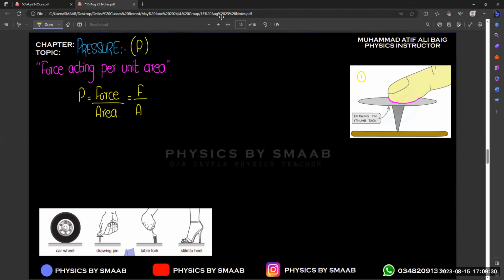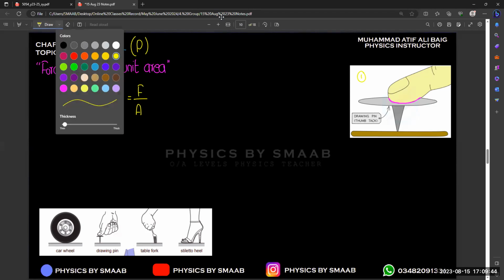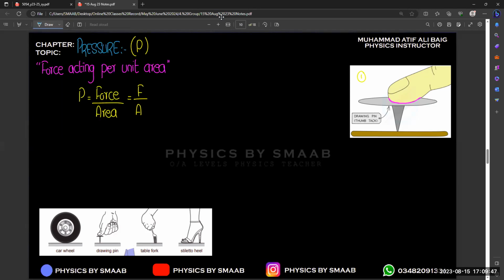Now, if we want to write the SI unit, there is a different concept. You all know that we can easily derive an SI unit with the help of individual quantities, right? Let's suppose we want to write the SI unit of force. What is the SI unit of force? Newton, yes, you all know. And if we talk about the SI unit of area, normally we take the SI unit as meter, so area will be meter square.